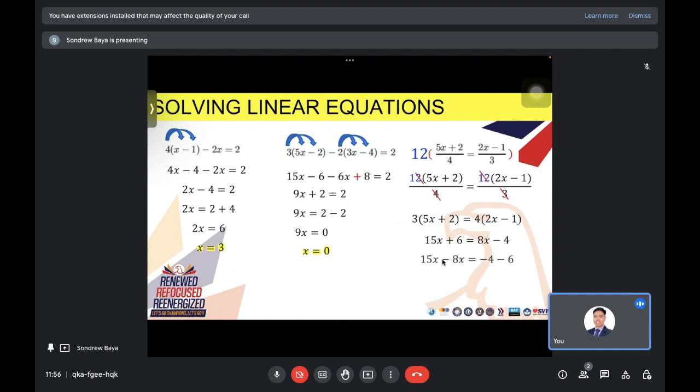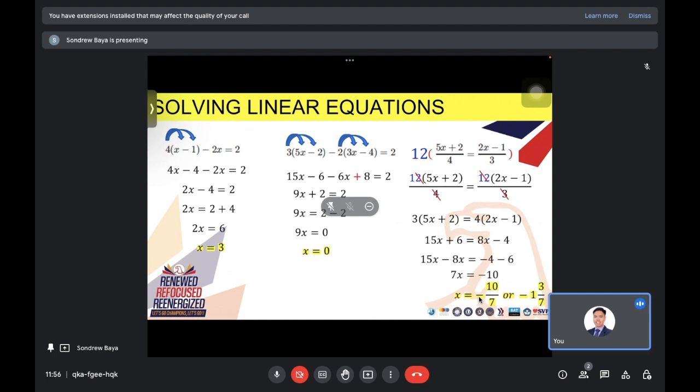So this becomes 15x minus 8x equal to negative 4 is left on the right side, thus it remains negative 4. But 6 is transferred, so it becomes minus 6. Simplifying it further, we now have 7x equal to negative 10. And to solve for the x, we need to divide both sides by 7. Thus, you got x equal to negative 10 over 7.